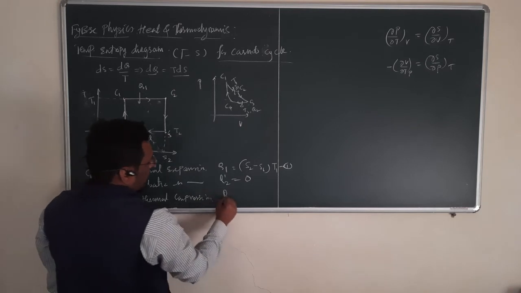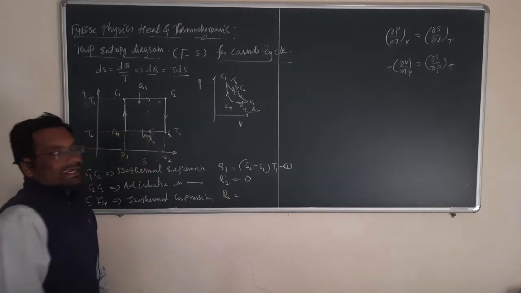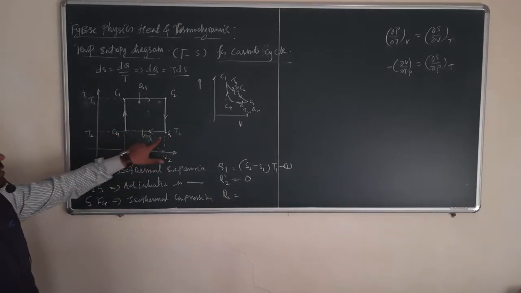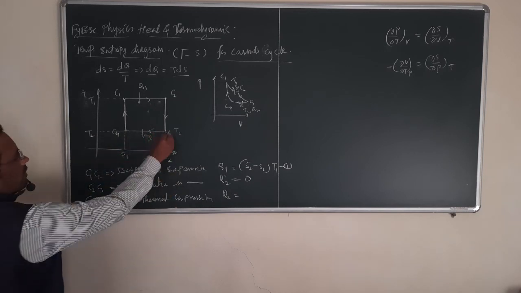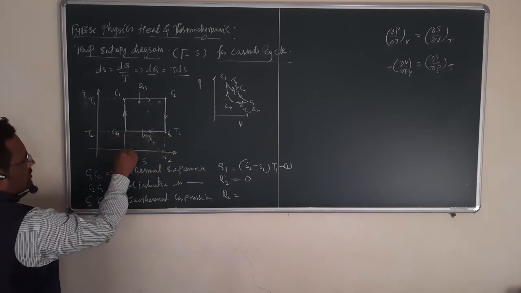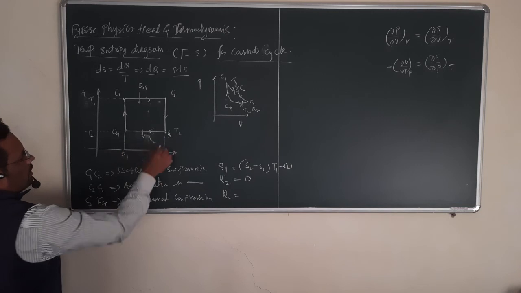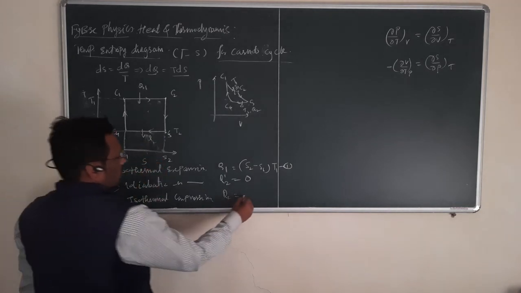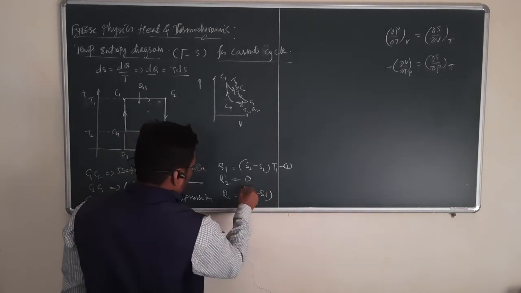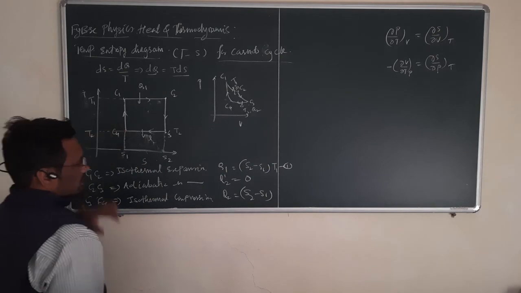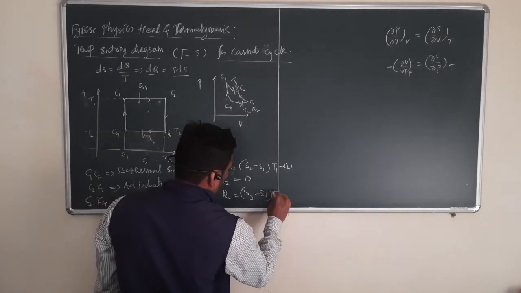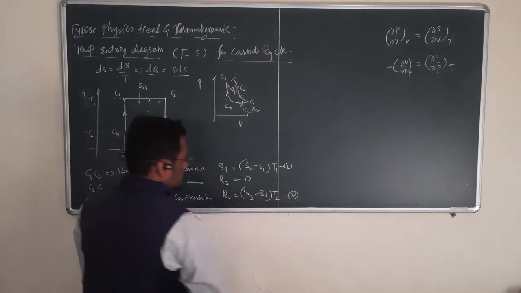And the amount of heat energy Q2 which is rejected is, now along C3, C4 we have to take the area under the curve, which is this area. Again this length is S2 minus S1 multiplied by this one, T2. So this is the case.